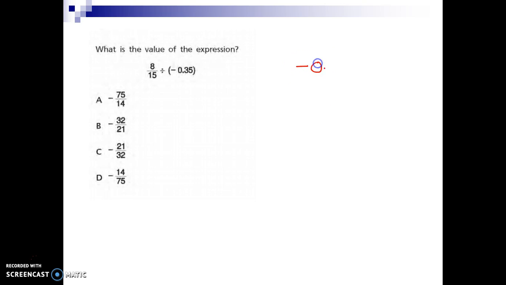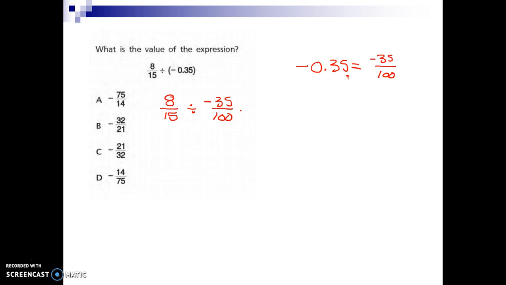Okay, so negative 0.35. That's 35 hundredths. If I read this using place value, 35 hundredths. And then I keep my little negative sign. All right, so this is 8/15 divided by negative 35 hundredths.